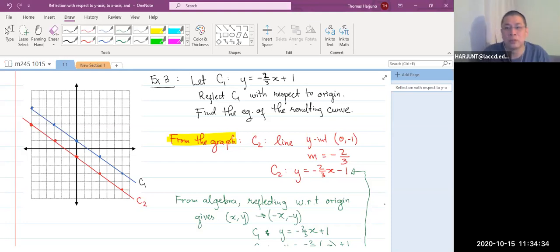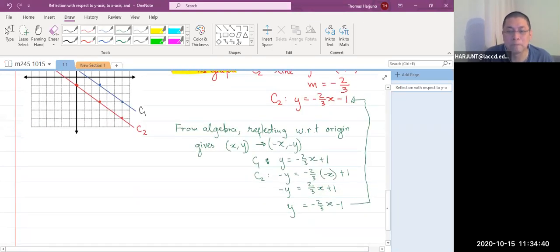Without graphing it. The algebra here: I change y to negative y and x to negative x, as directed here, when we reflect with respect to the origin.